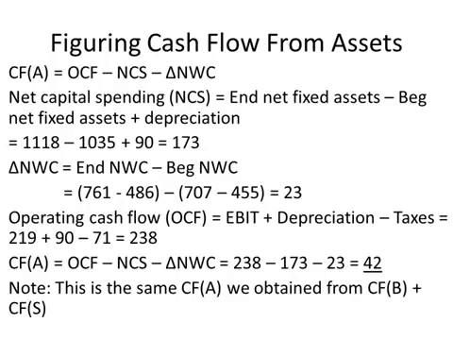So net capital spending is equal to ending net fixed assets minus beginning net fixed assets plus depreciation. From the balance sheet, we can see that ending net fixed assets is 1,118 and the beginning net fixed assets is 1,035. We have to add back 90 in depreciation. That came from the income statement. And when we work that math out, we get 173 net capital spending.